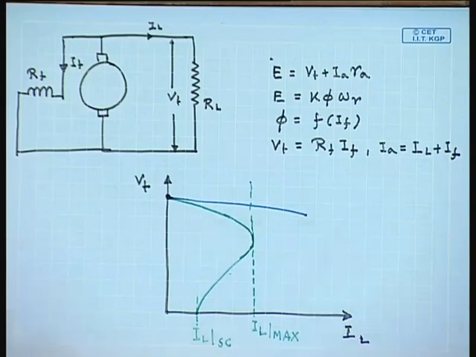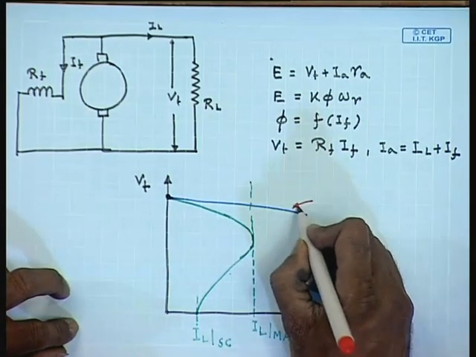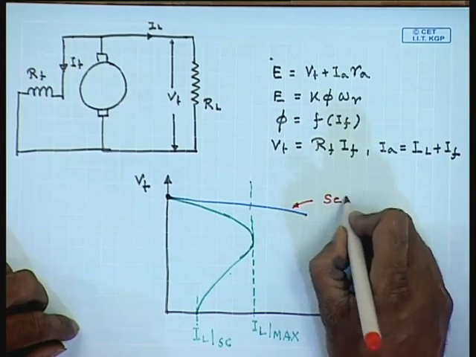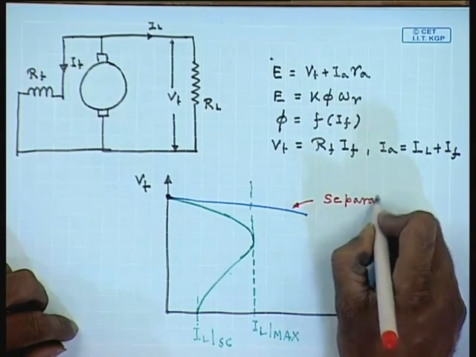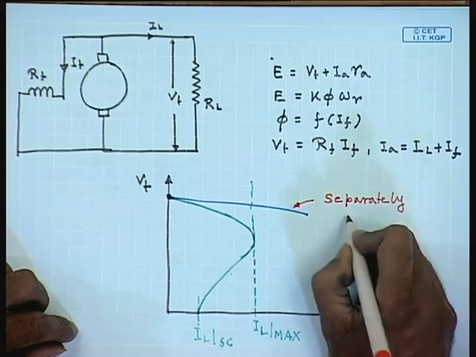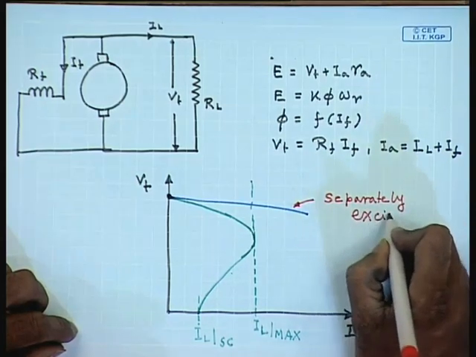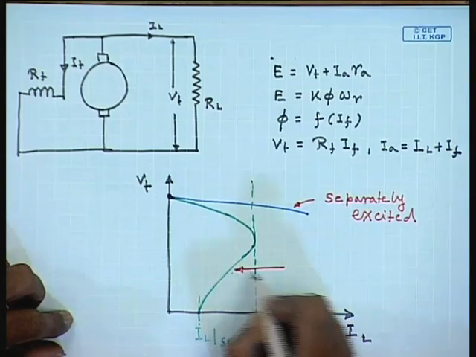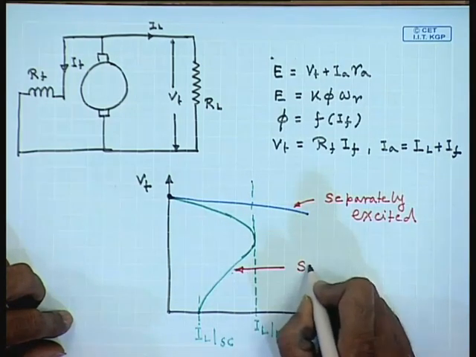So, this is the external characteristics of the same machine run as a separately excited generator. And this is the characteristics when it is excited as a shunt generator.